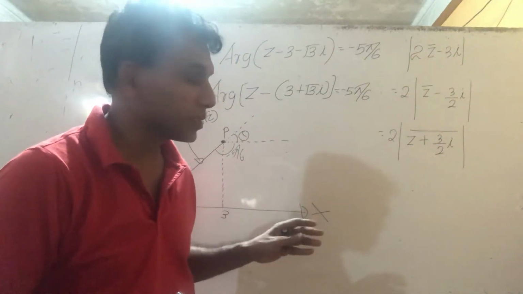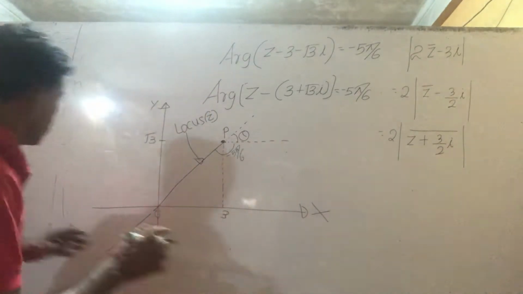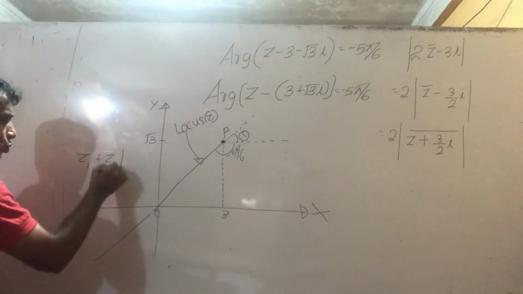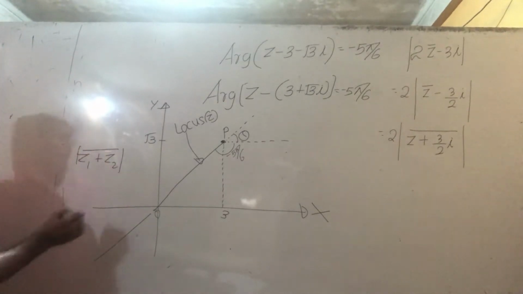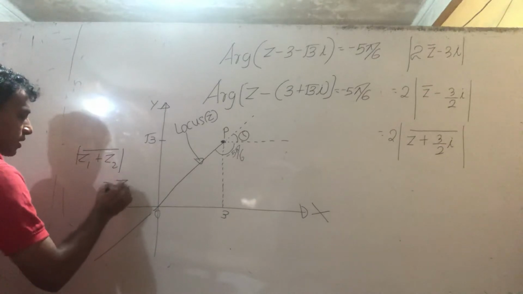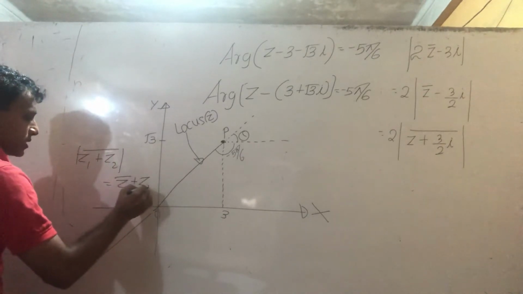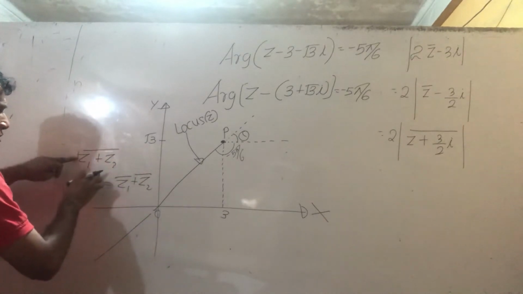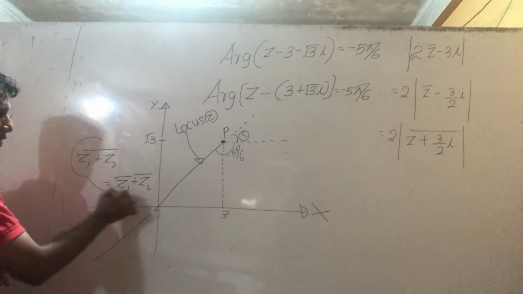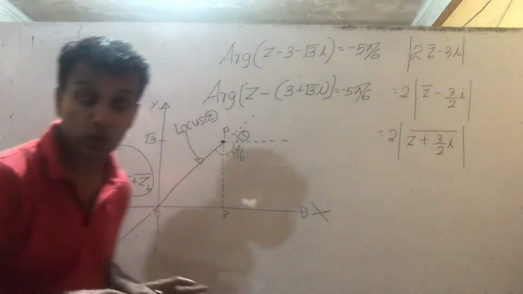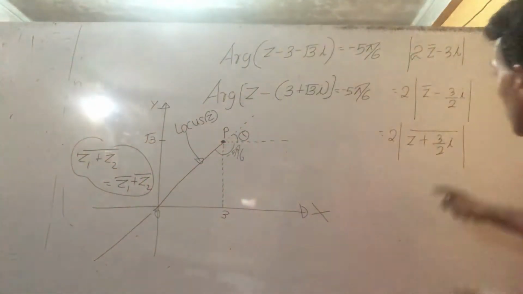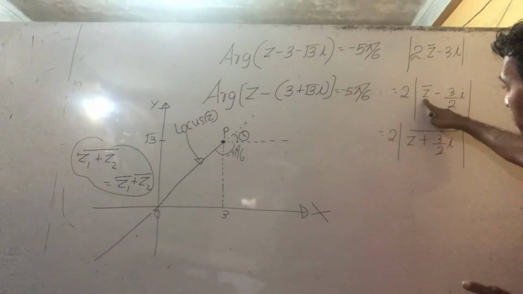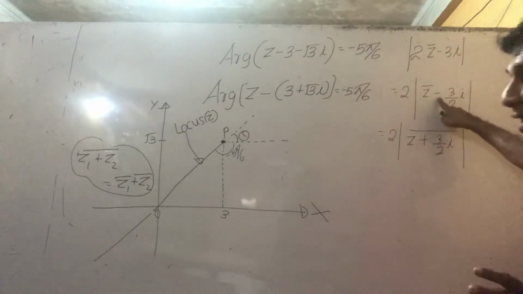If I show the theory part, the conjugate of z1 plus z2 can be shown as z1 bar plus z2 bar. Inside the modulus, I put the bar over everything. See, z bar plus, but here minus. Why?